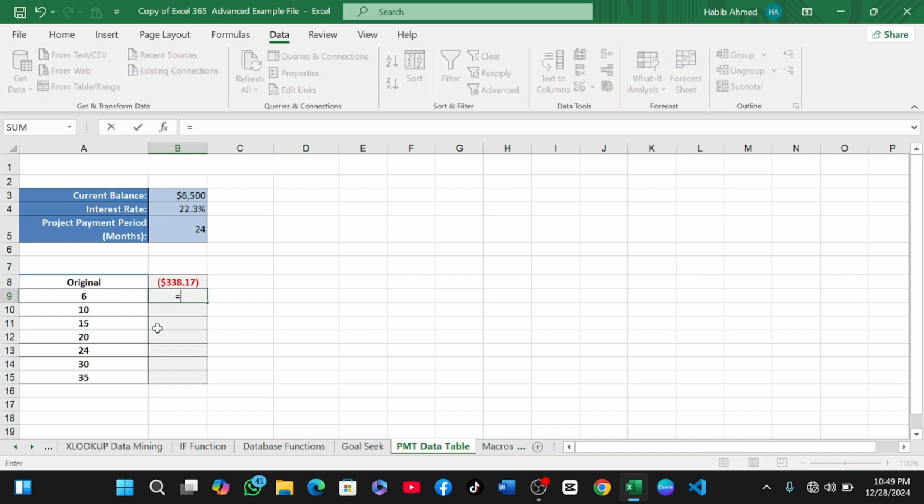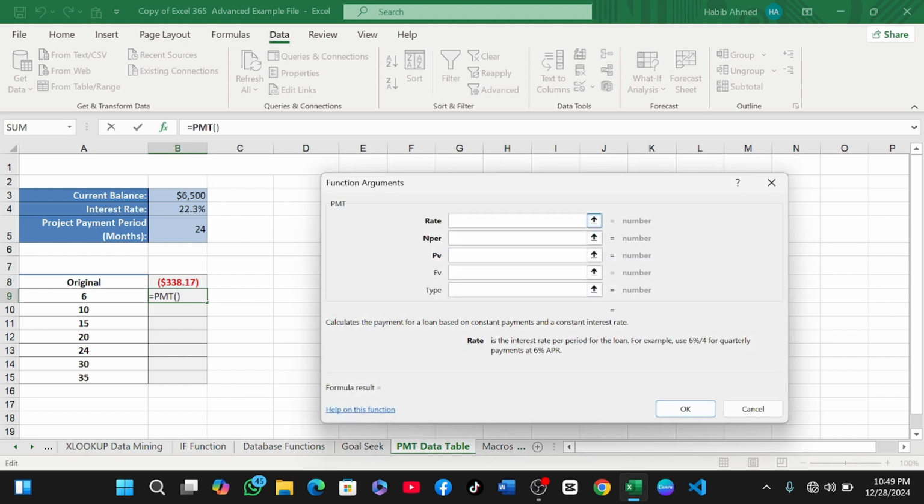Now if you want to do it manually, you just click on the equal sign, PMT, and you open your function arguments, and here you have the rate, which is the interest rate divided by 12, as we did earlier. And the NPER, this is the total.